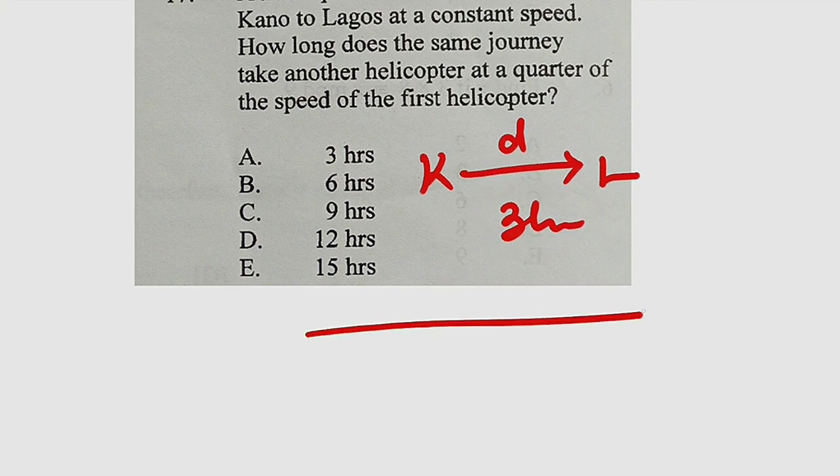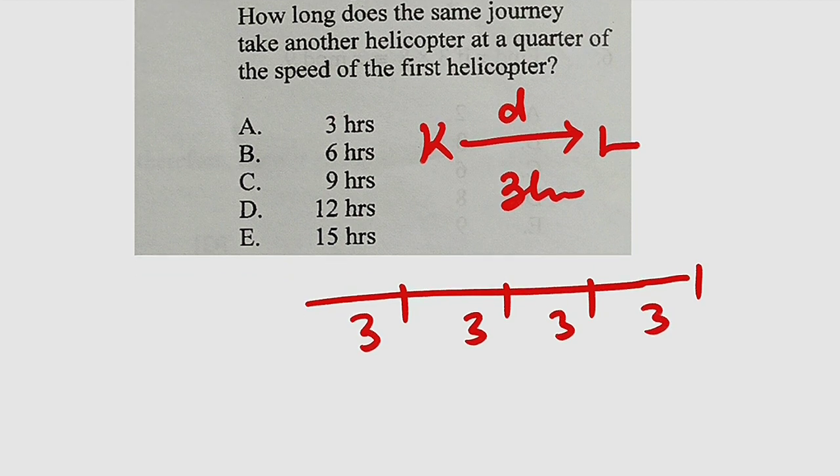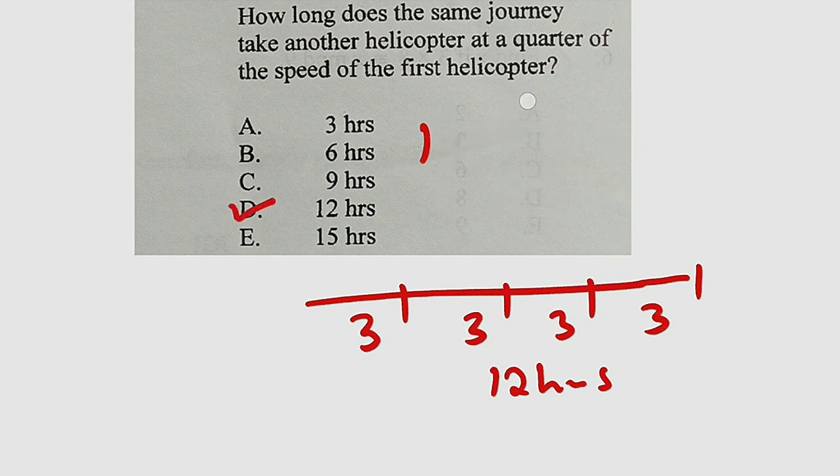The journey will be partitioned into 4. 1, 2, 3, and 4. And every single one will cover 3 hours. 3 here, 3 here, 3 here, and 3 here. So if you combine all the 3s, we have 12 hours, right? Which is option D. But let me show you the step-by-step on how to work it out.